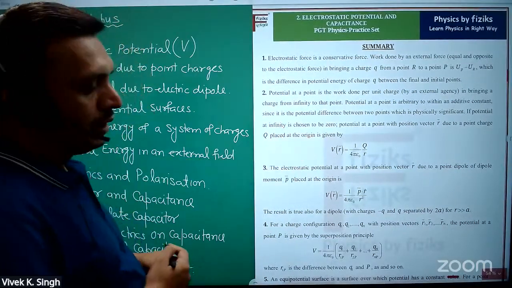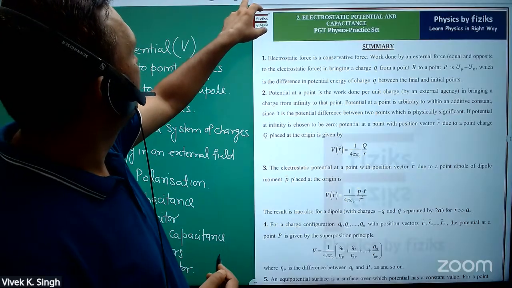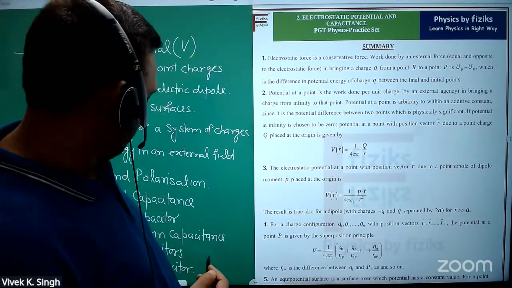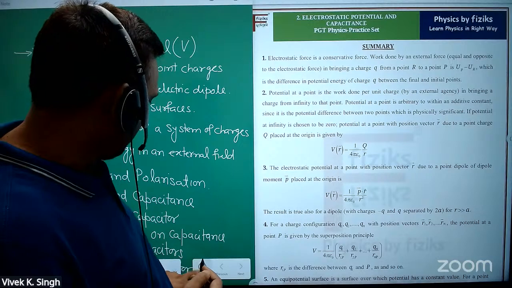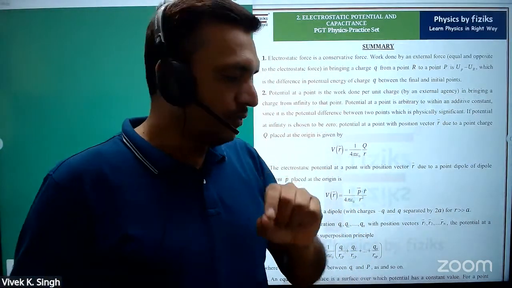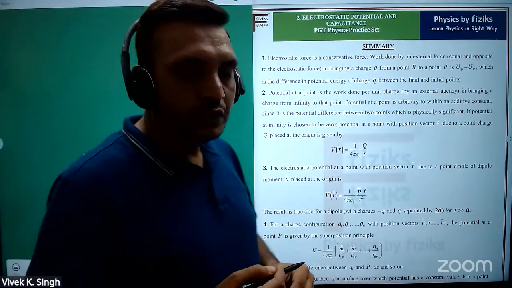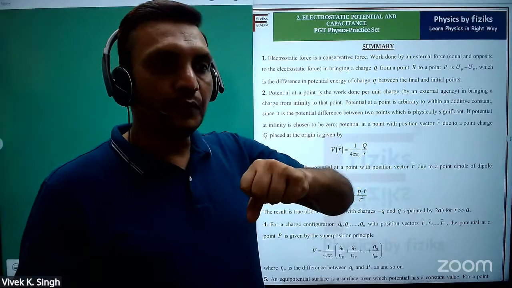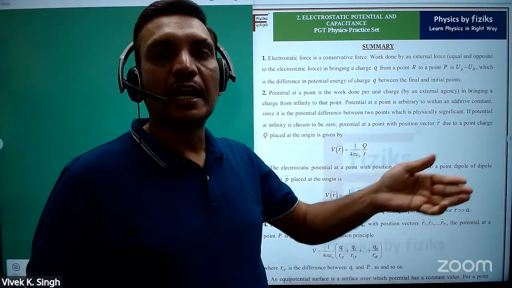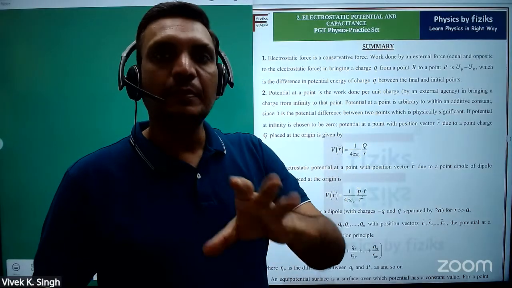So you know that electrostatic force is conservative in nature. What are conservative forces? The work done in moving a charge from one point to another point is independent of path.